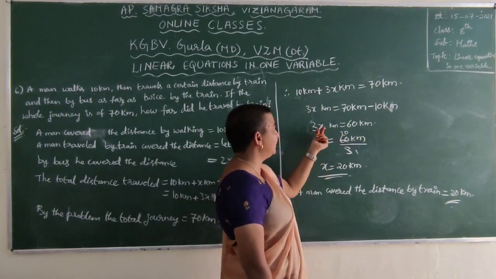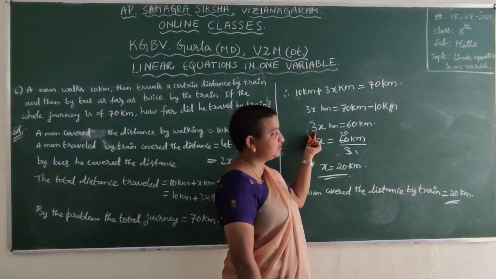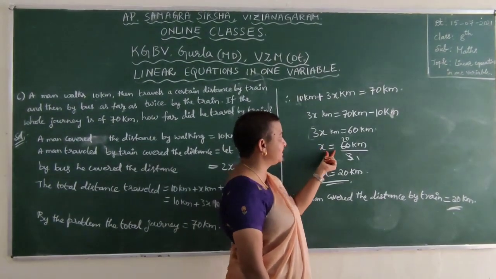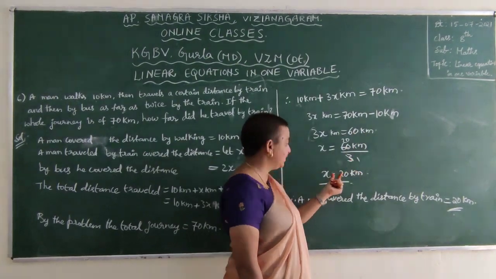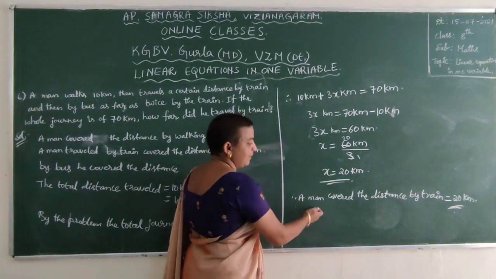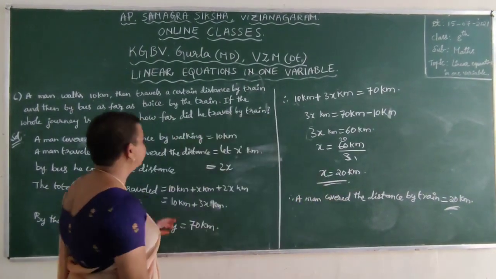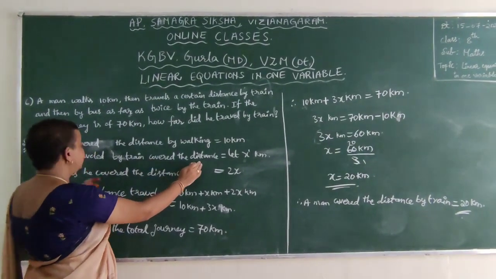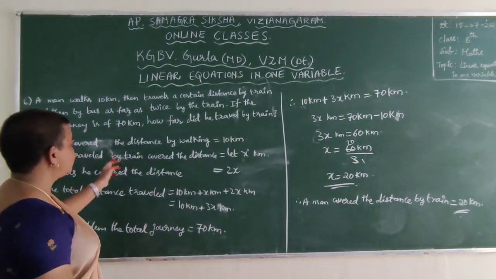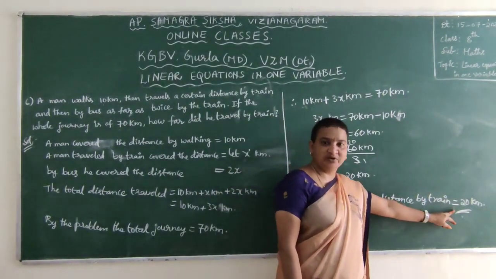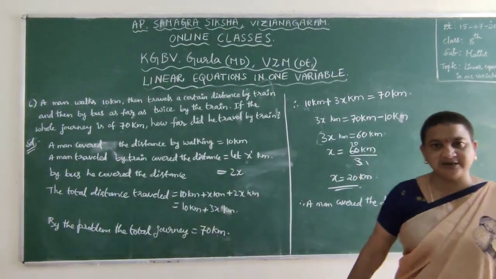Here x is multiplied by 3, so to find x, we have to transpose 3. So x is equal to 60 kilometers by 3, that means x is equal to 20 kilometers. What is x? The distance a man traveled by train. So a man covered the distance by train is 20 kilometers. Okay, children? Do you understand?